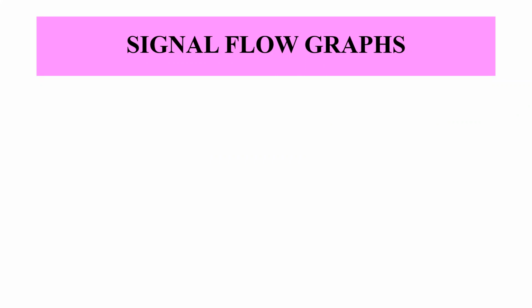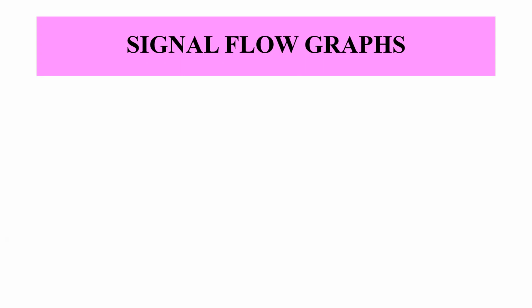Similarly, we have the signal flow graph, which is used to simplify a given system through a pictorial representation, and we can easily determine the overall transfer function, which is also known as transmittance in case of a signal flow graph, conveniently, right?